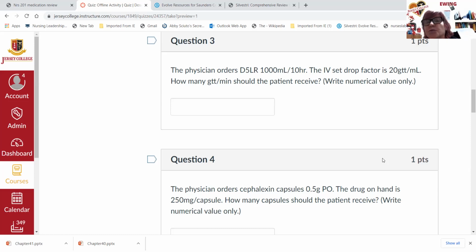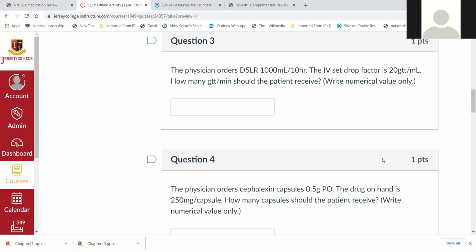In order to solve this, we need three things: the total volume, which is always going to be in mLs, our time, which has to be in minutes because our problem's going to end up in minutes, and our drop factor. So our total volume here is 1,000 mLs, and that goes on top. Our time is 10 hours, but it has to be in minutes. So how do we get that to minutes?